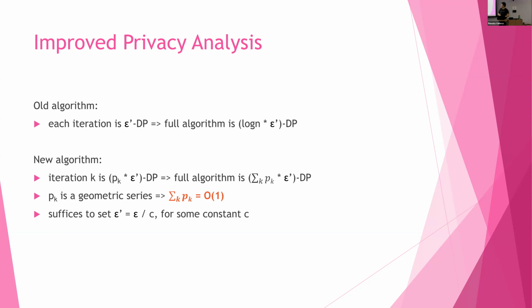So as a result, we can set epsilon prime to be epsilon over c for some constant c. So originally where we lost the log squared n is we had log n error over epsilon prime, and epsilon prime was epsilon over log n, so you have log squared error. Now since epsilon prime is epsilon over c, you only get c log n error. So you save by constants.